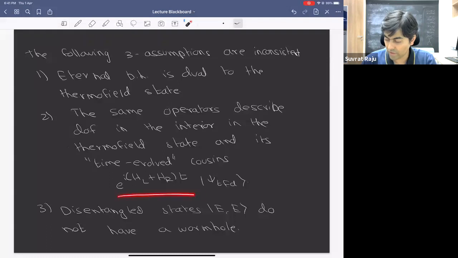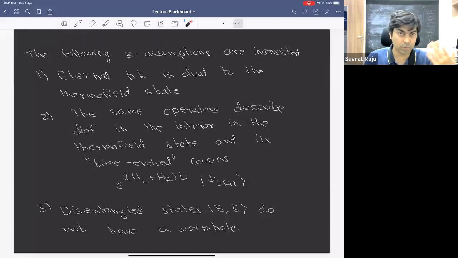So they're very closely related, the first cousins of the thermofield double state. If you take these first cousins, and you believe that it's the same operators that describe the degrees of freedom in the interior of the thermofield state and of these first cousins, and you put in one additional very weak assumption, which is that if you don't have any entanglement at all, if you just take an energy eigenstate on the left and an energy eigenstate on the right, then such a state does not have a wormhole that connects them, which is a reasonable assumption.